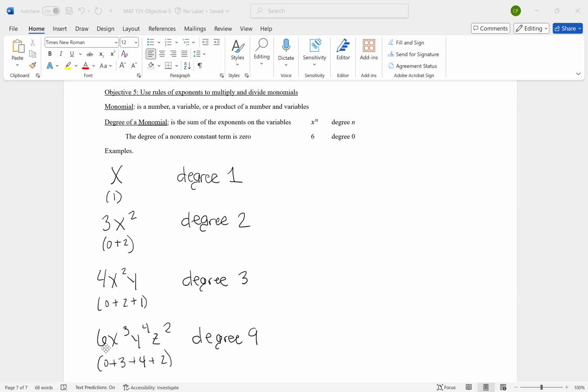And for the last one, if we had 6x cubed y to the 4th power z squared, the degree of 6 is 0. The degree of x cubed is 3. The degree of y to the 4th is 4. And the degree of z squared is 2. So when we add all of those together, we would get degree 9, okay?